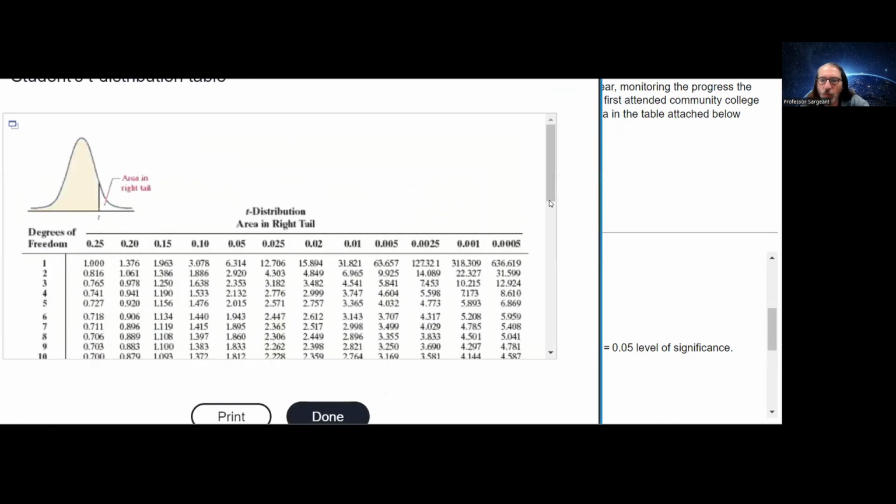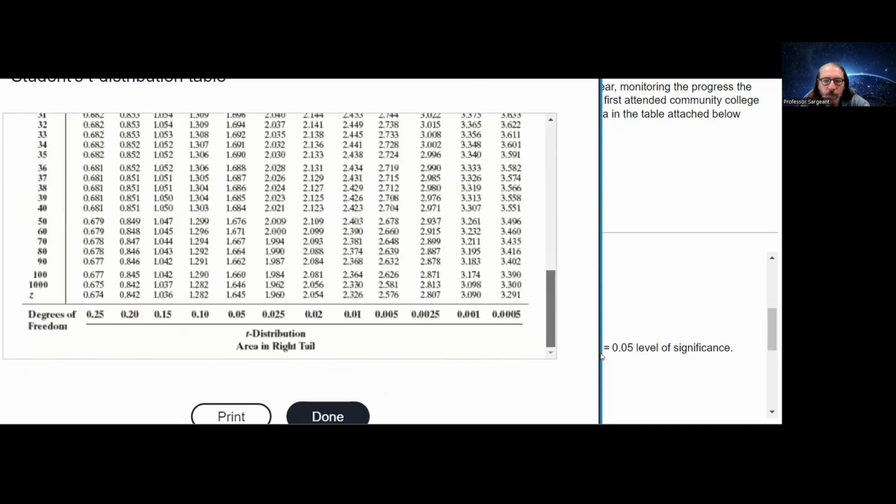So, problem is when I look at the 0.05 column, there's no 268 degrees of freedom listed. The first thing I'm going to try, since 268 is between 100 and 1,000, I'm going to try out the lower degrees of freedom, 100, to give me the critical value of 1.660 in that column.